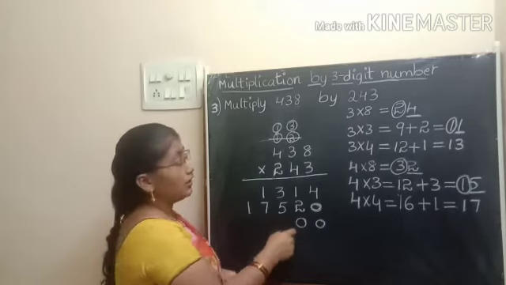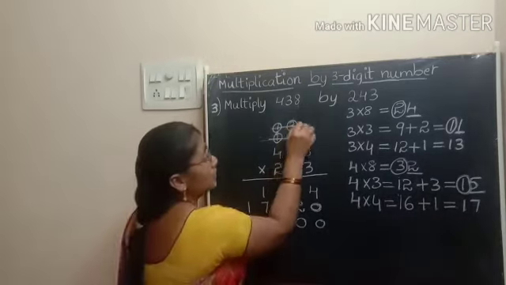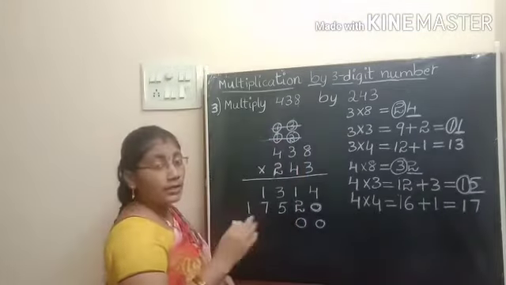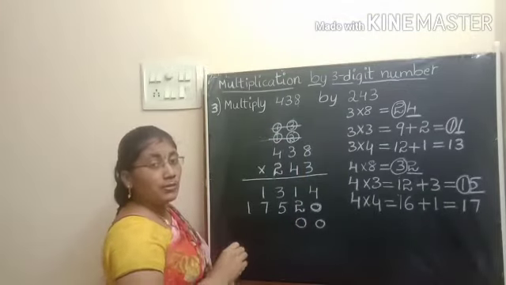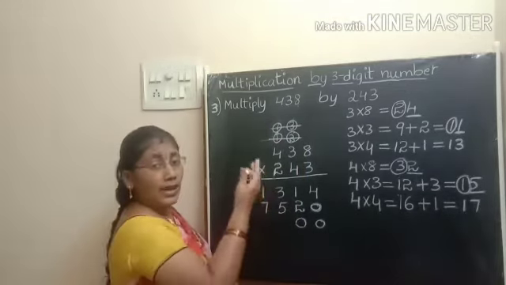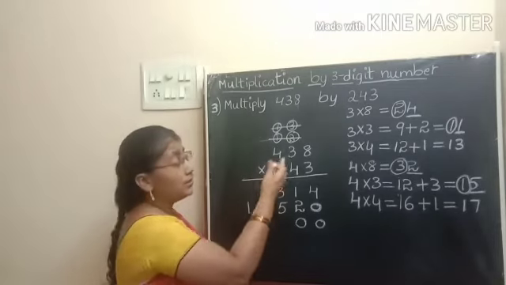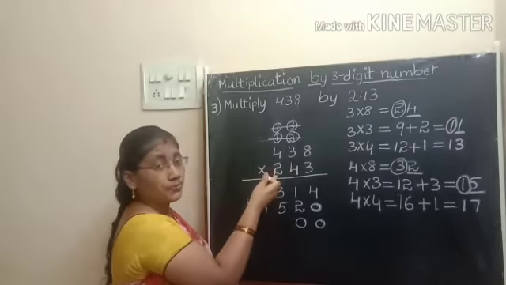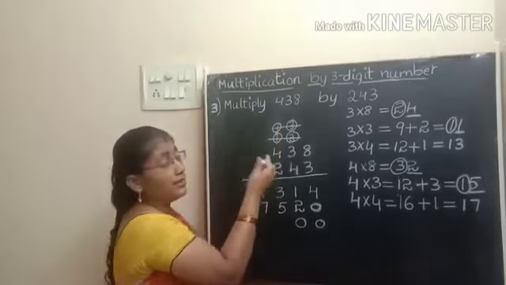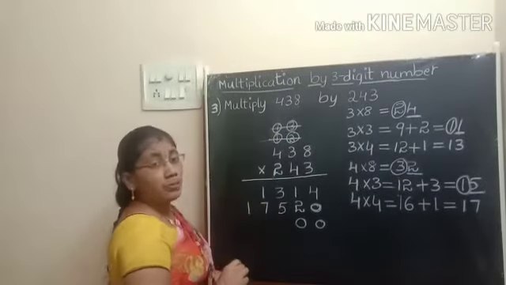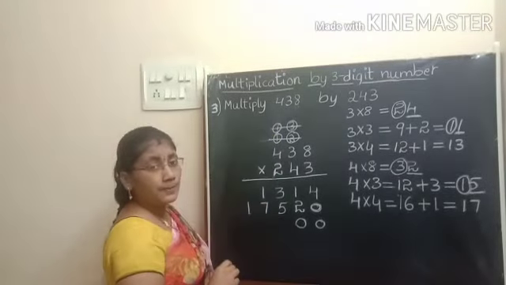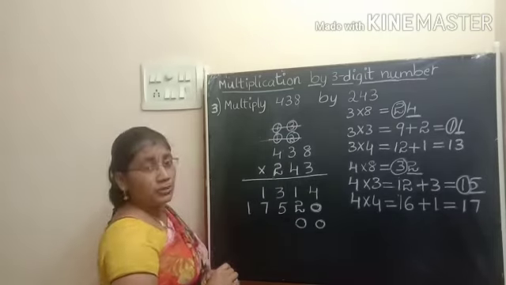And one more thing is, we should cross out these carries to avoid confusion, because maybe we get carries while multiplying these digits with 2. To write those carries, we should cross out these previous carries. Understood? Then start our multiplication.